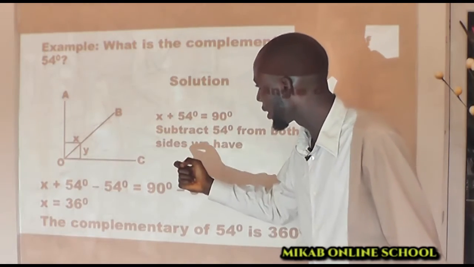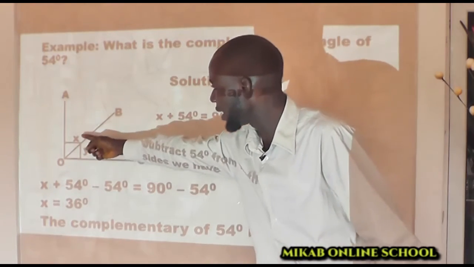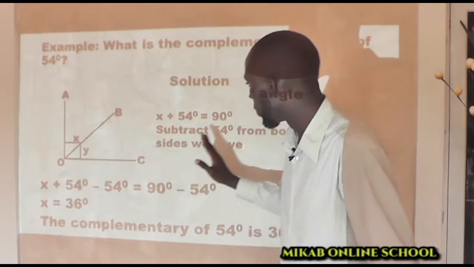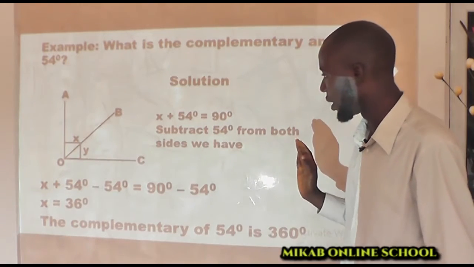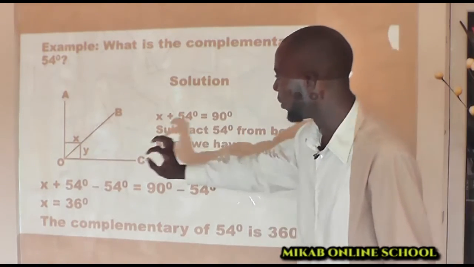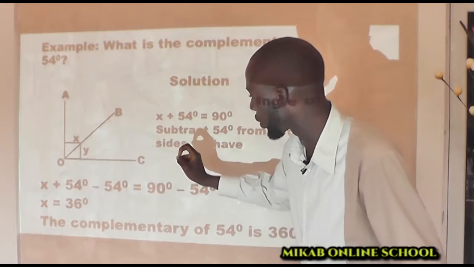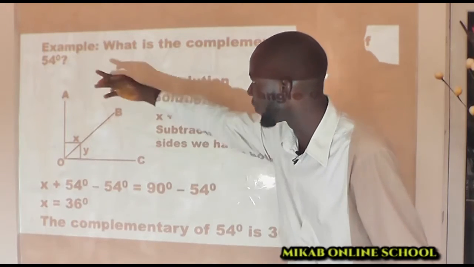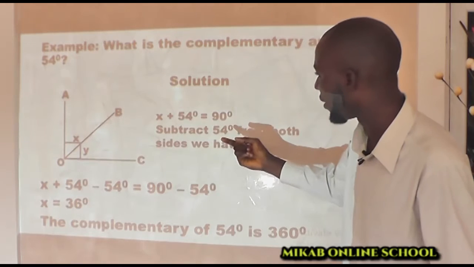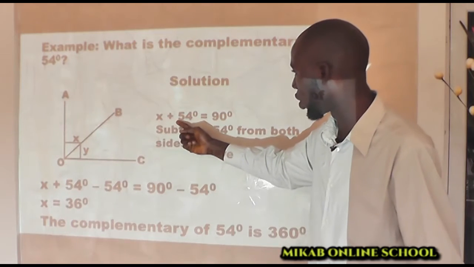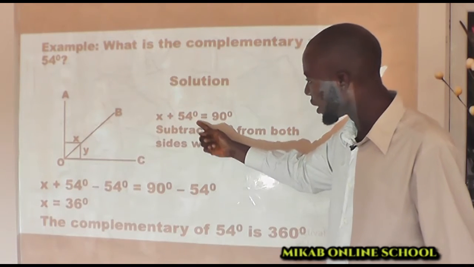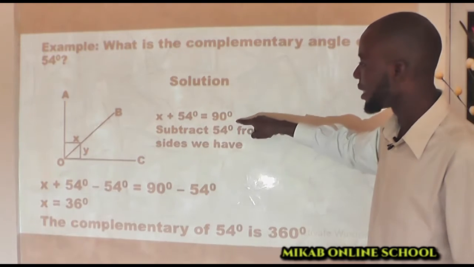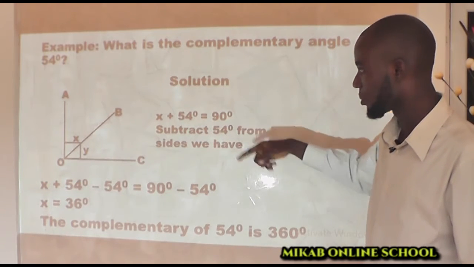From there, we said that x plus y will give us 90 degrees. And if you now remove the y from the summation and put the 54 there, you now have x plus 54 degrees equals 90 degrees.